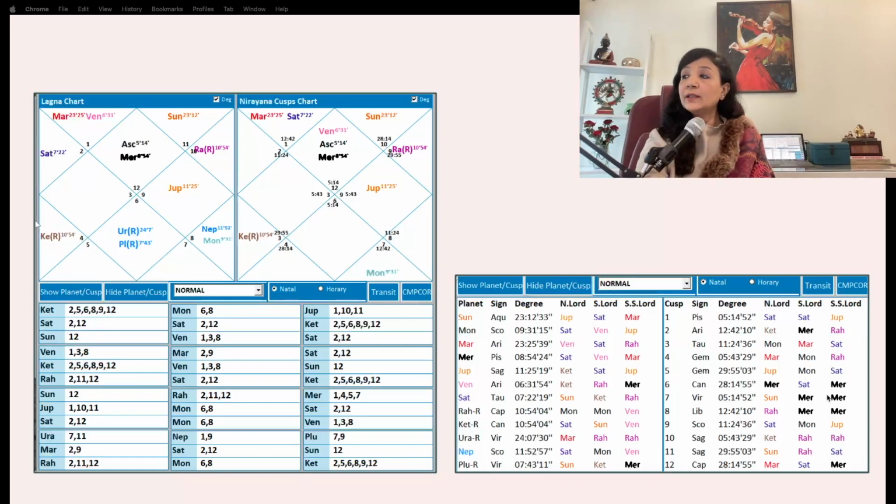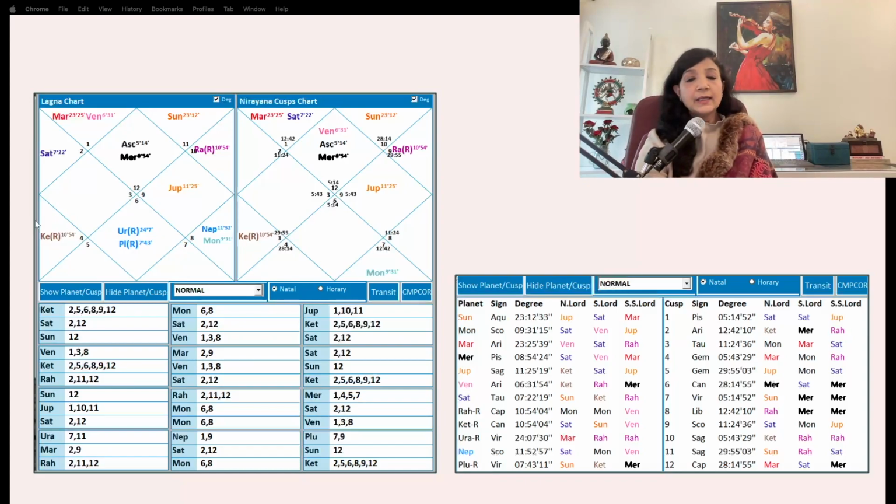Remember we saw in the promise. So when Saturn got active, Saturn was supposed to give legal hassle. So when Saturn got active in Mercury Antardasha, one got into legal hassle, a court case. And this shows 4, 5, 12.